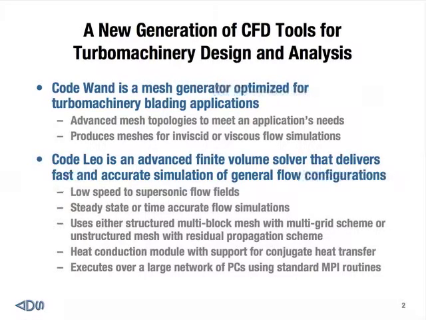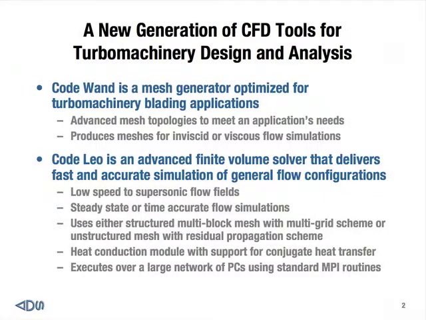A turbine is immersed in very high temperature gas, and you have to cool it, and you need a capability to accurately and reliably predict the metal temperature to make sure we can design it so the turbine will not melt in this operating environment.